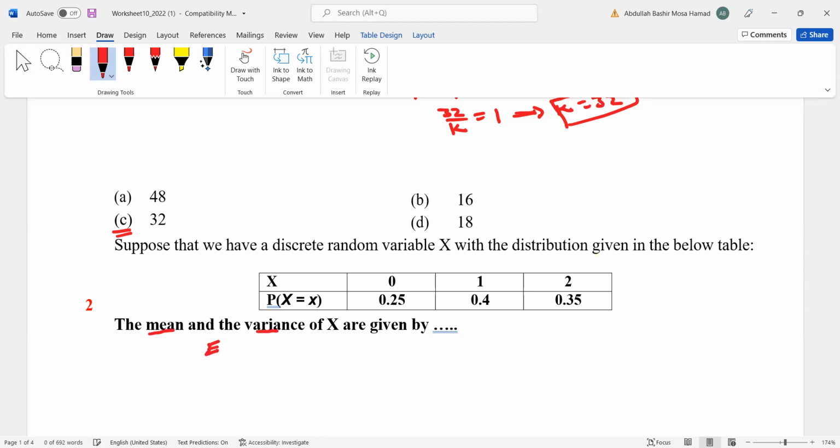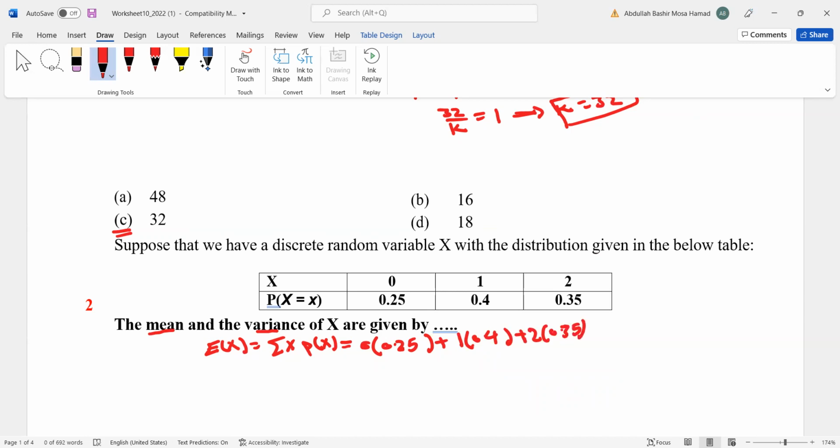We have the mean, or expected value of x, equal to the summation of x times p of x. So we just multiply each x with its probability. So 0 multiplied by 0.25 plus 1 multiplied by 0.4 plus 2 multiplied by 0.35.